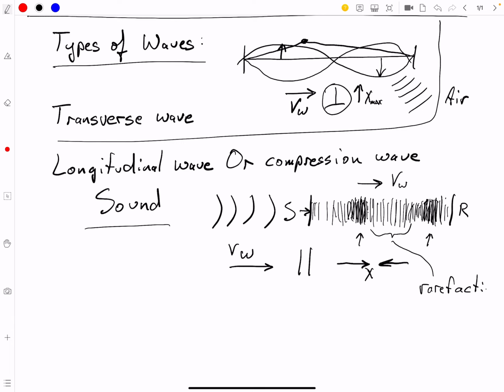Boy, I hope I got that right. Rarefaction. I'm not sure if that's right or not, but anyway, so this is the compression part and then the rarefaction part.